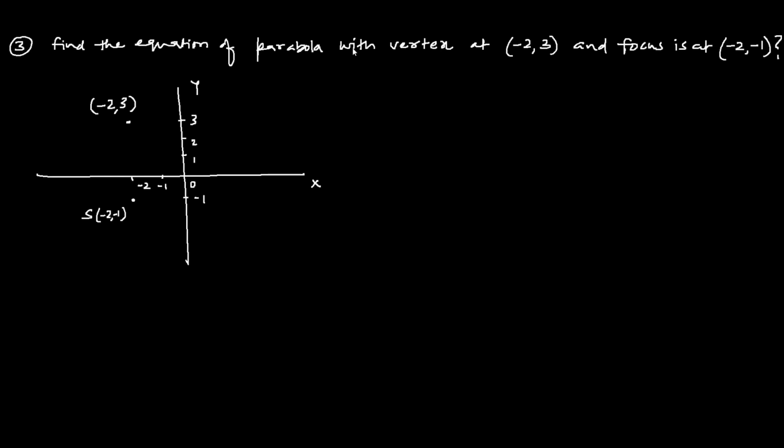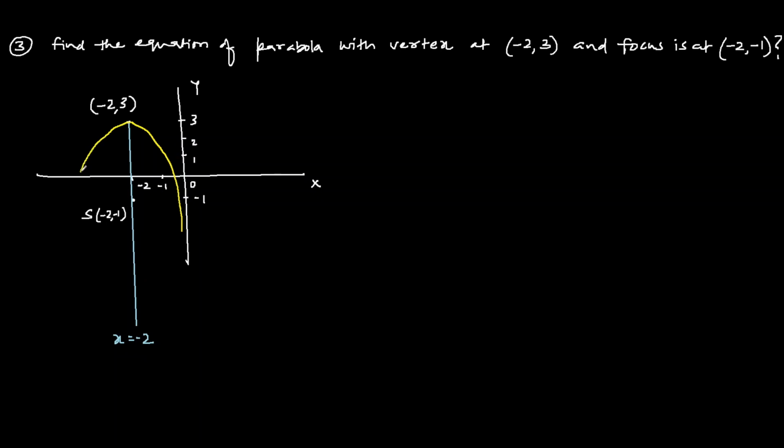The line joining focus and vertex is the principal axis, which is parallel to the y-axis, and its equation is x equal to -2.